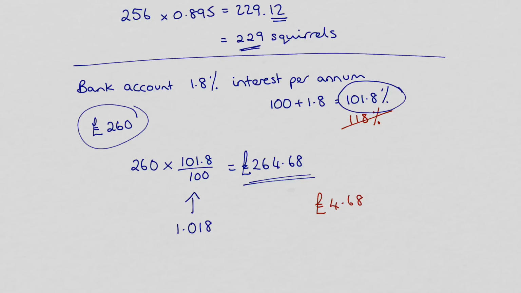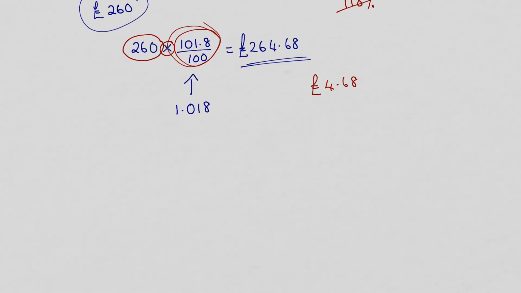Okay, so the important things when we're setting these out is start with your amount of money or amount of squirrels or whatever it is you've got, then times, and then you need this multiplier. And the multiplier is always going to be, you start off with 100%, and then you either add or subtract the change.